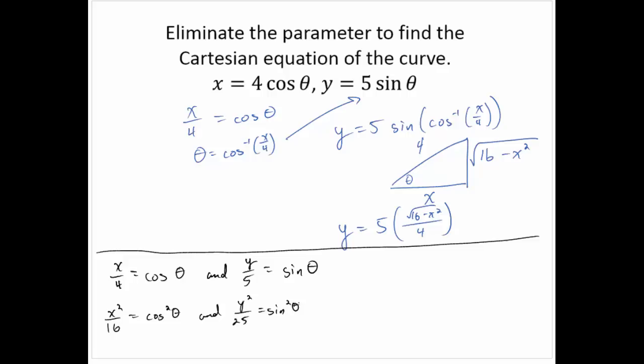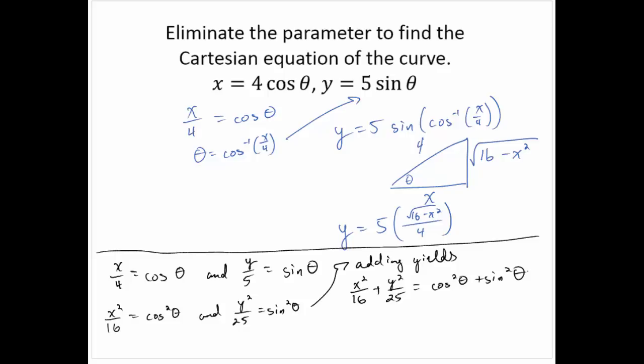And I'm going to add the equations together. And so addition of the equations yields x squared over 16 plus y squared over 25 is equal to cosine squared theta plus sine squared theta.